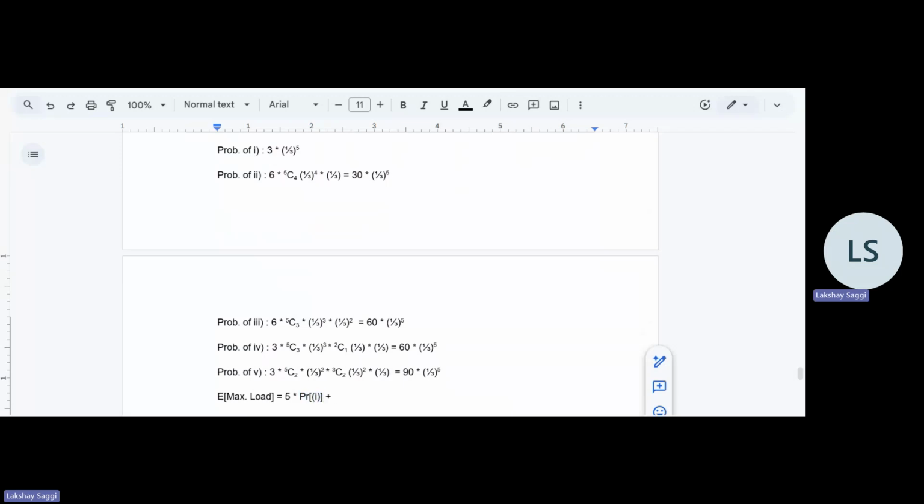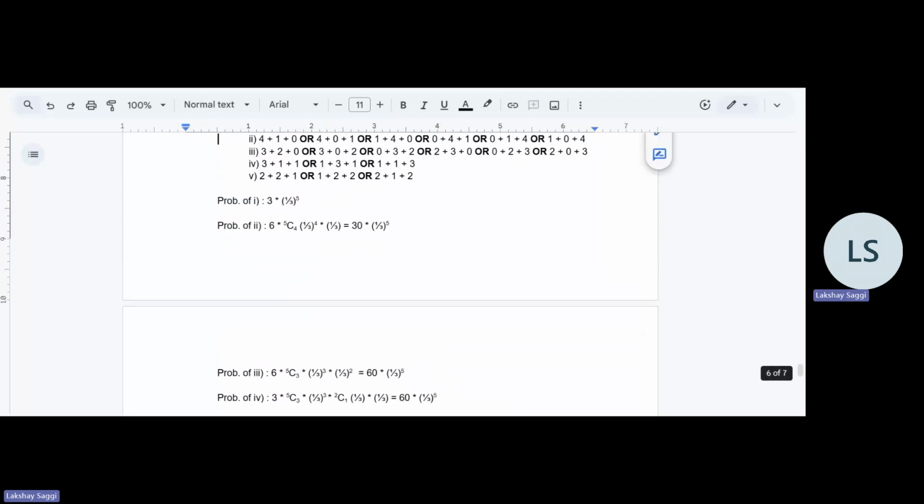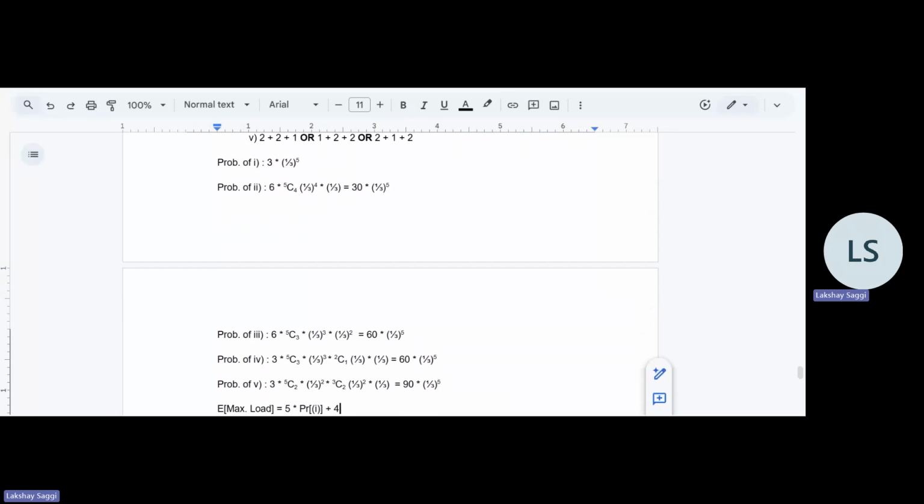And then for case 2, we had the maximum as 4, so 4 times the probability of case 2.